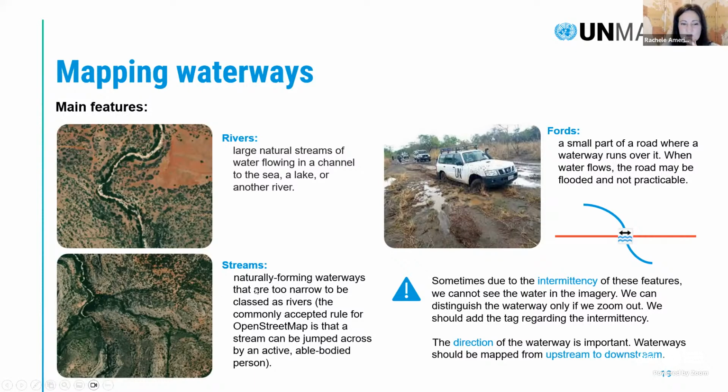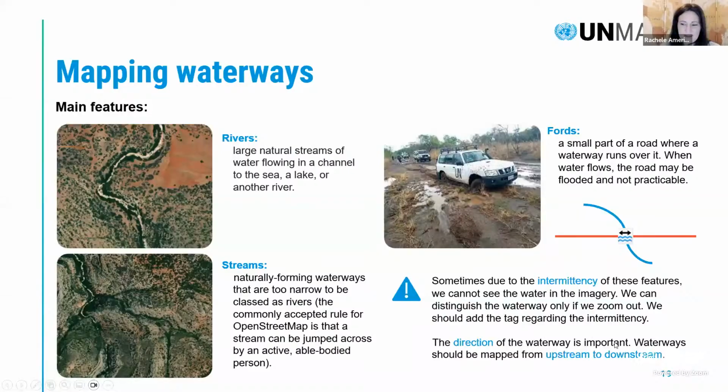Then we have streams. You can see here we have the river on the left side. On the right side, you can see all this vegetation. This line of vegetation is a stream. A stream is a naturally forming waterway that is too narrow to be classed as a river.